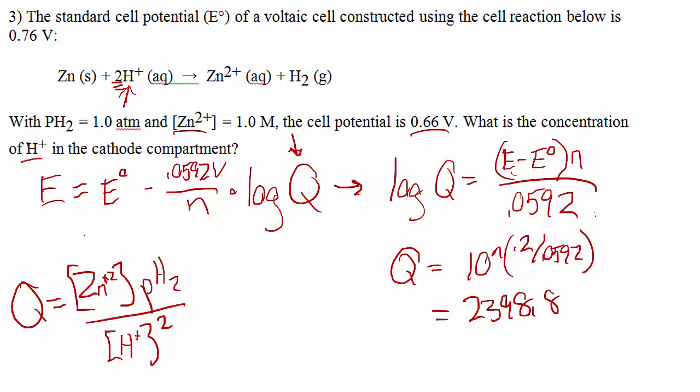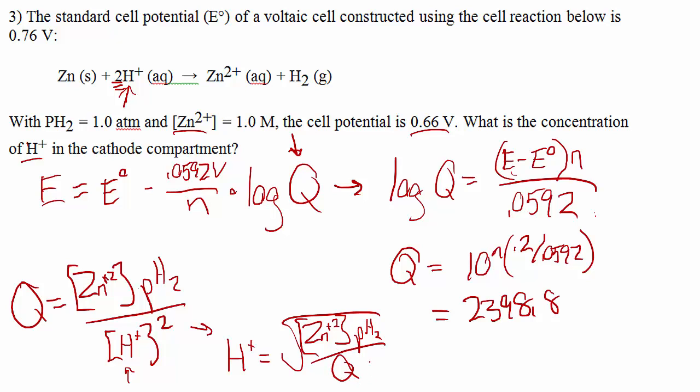What we're trying to find is H plus. So we do a little more algebra, and we get H plus equals the square root of Zn plus 2 concentration times the pressure of H2 all over Q. When we plug those numbers in, we get 0.02 as our final answer, molar for the units.